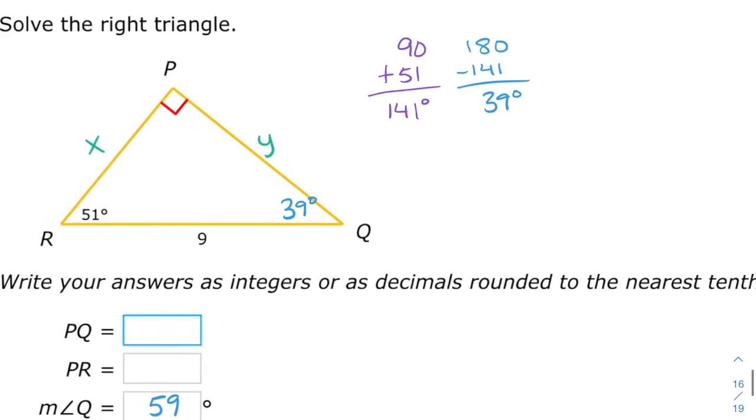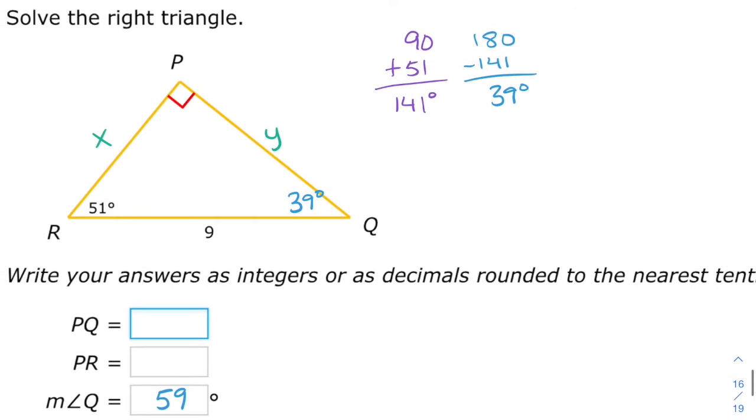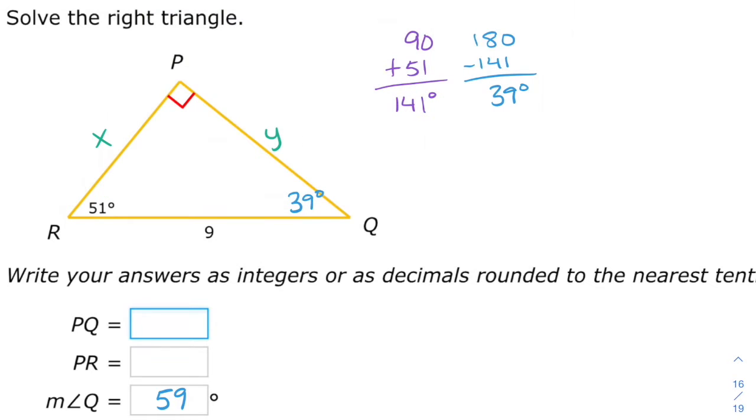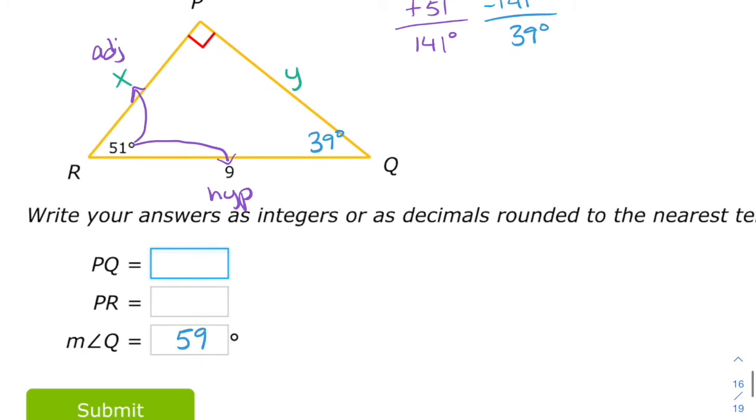So with this, I need to use a trig function. I'm going to use the angle they gave me and do the adjacent over the hypotenuse. Let me change the color so it's correlated.